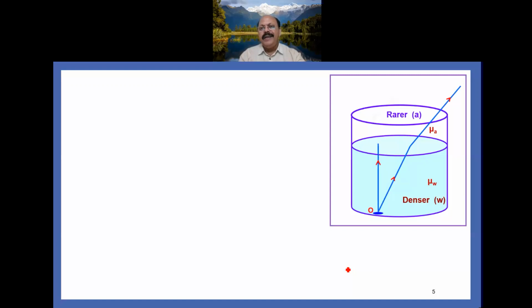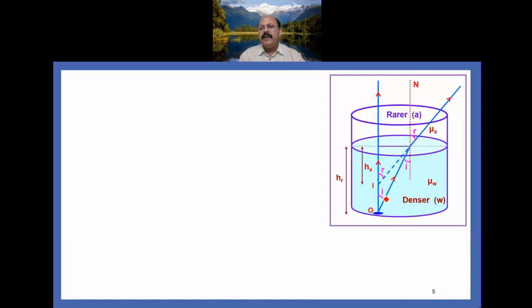Here we are taking an object which is placed in the denser medium, that is in the water, at point O, and the ray of light travels from the point O, that is the first ray, which is incident normally onto the surface which separates the two media and passes straight, and another ray which is incident at a certain angle of incidence, say angle i.